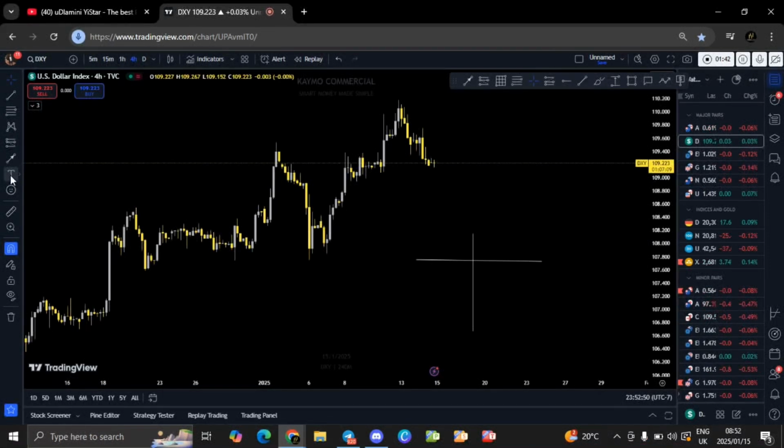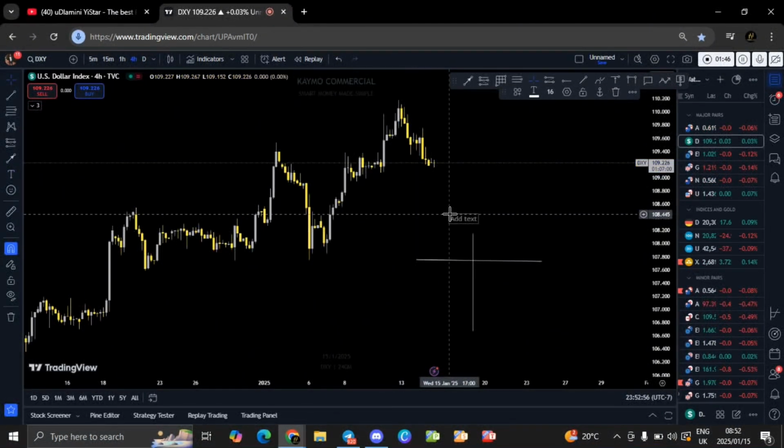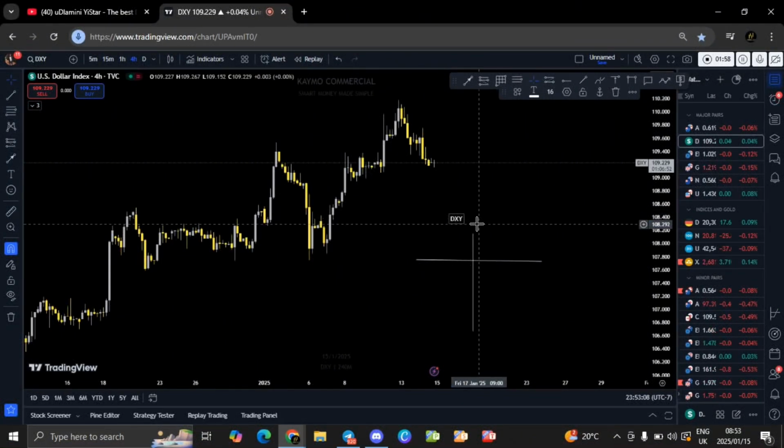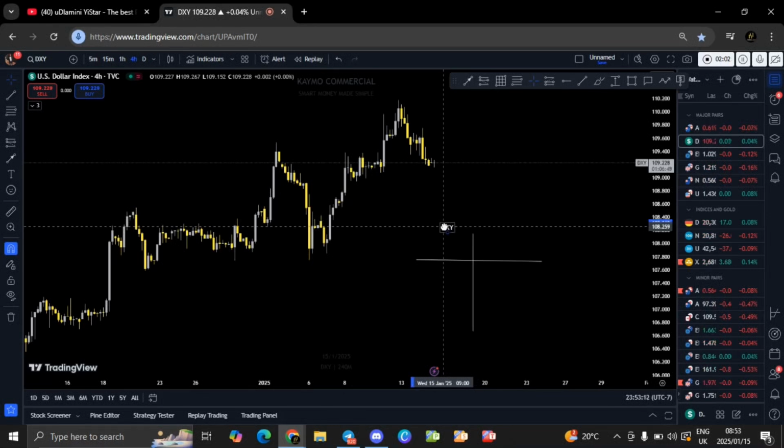I'm going to use DXY as an indicator for any other pair that has USD in it. I'm analyzing DXY, so I'll put DXY on this side and other correlating pairs on the other side.